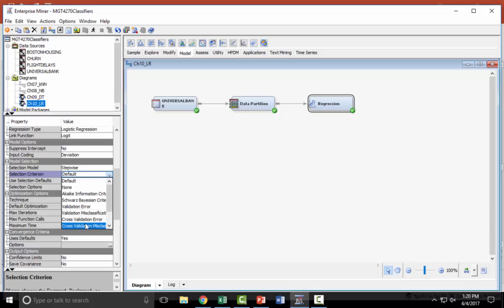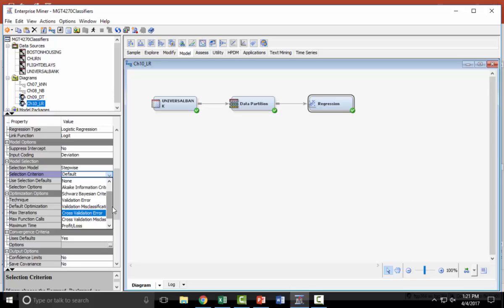misclassification rate. Cross validation is, we talked about cross validation way back in chapter 5, if you remember. If you have a smaller set of data, then you would divide it into a validation set and a training set, a small validation set and a large training set, and then you compute the measures in the validation set. But you would repeat that for, say, every 10% of the data.